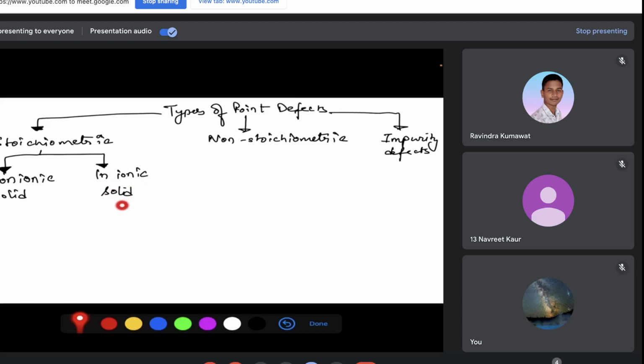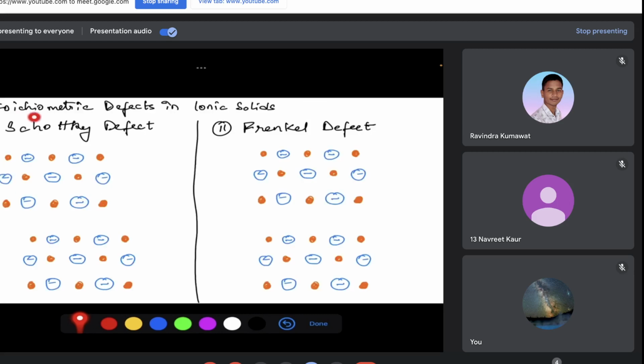Again, the stoichiometric defect in ionic solids is classified into two different defects: one is the Schottky defect, the other is the Frenkel defect. To understand this simply, let us start with the Schottky defect.